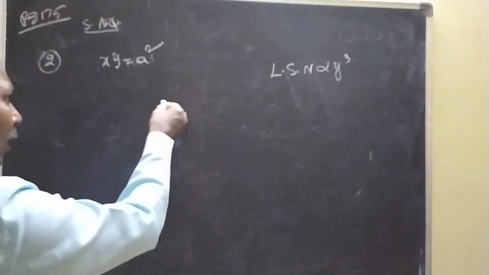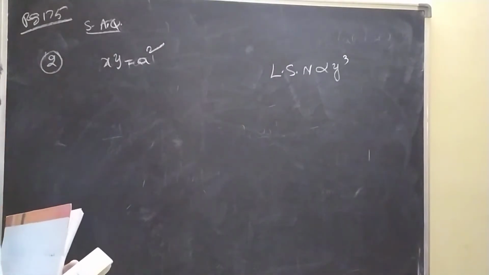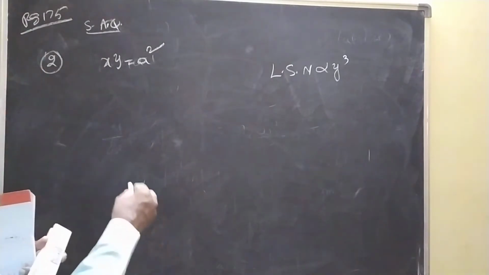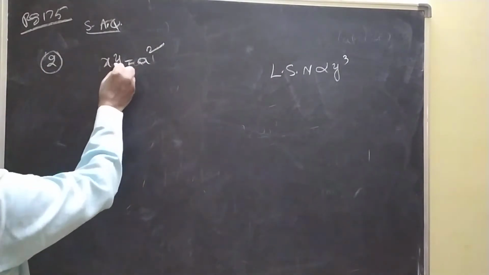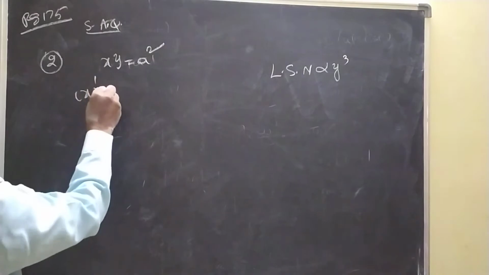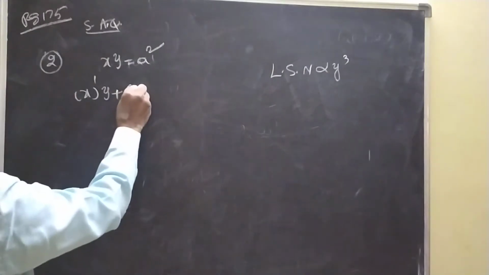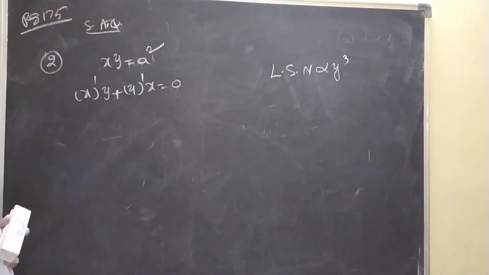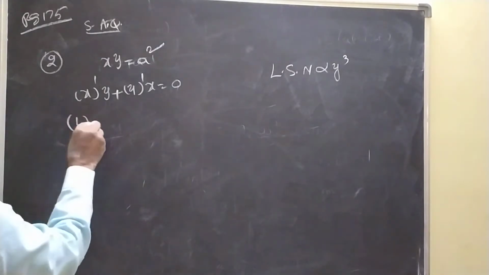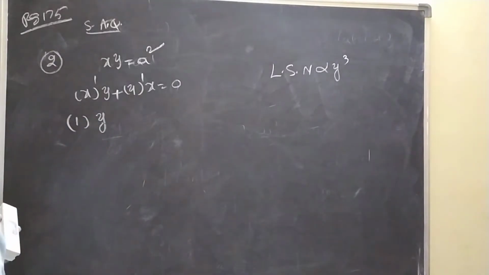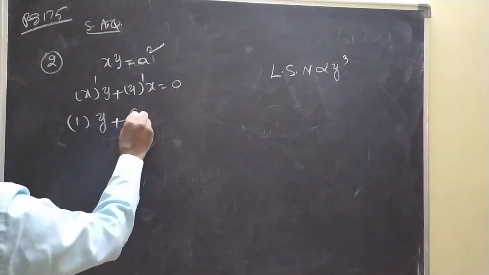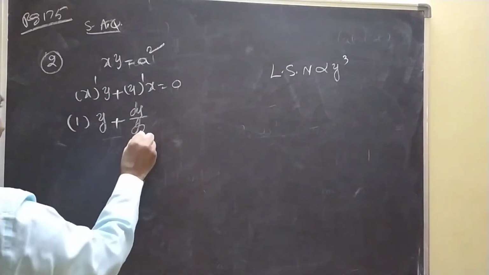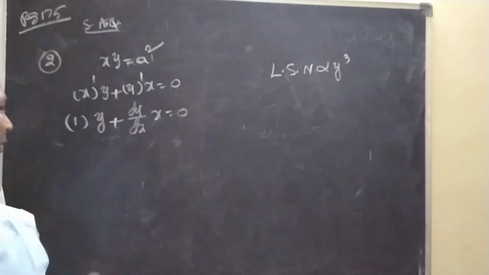So first calculate dy by dx. This is in the form of uv. u dash v plus v dash u. Derivative of any constant equal to 0. x derivative 1 into y, plus derivative of y, dy by dx into x.